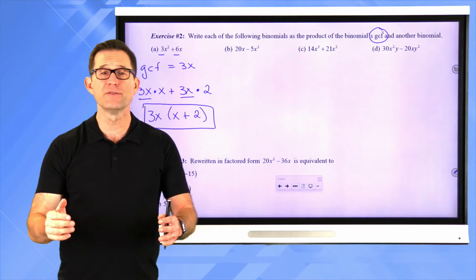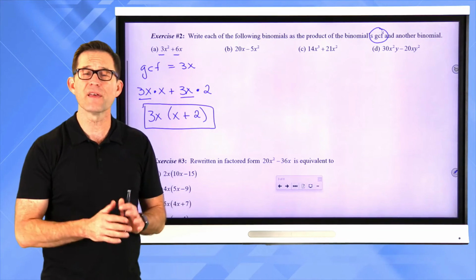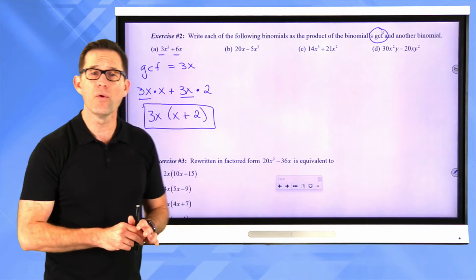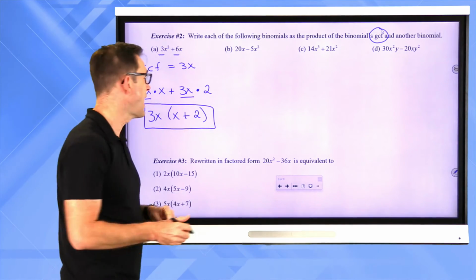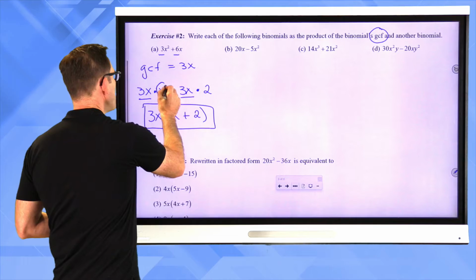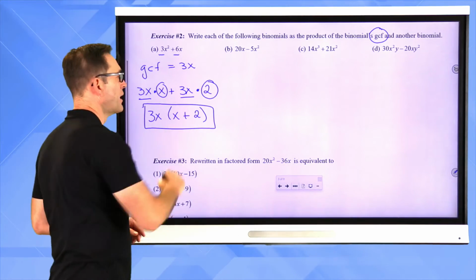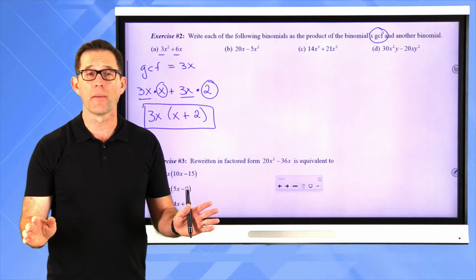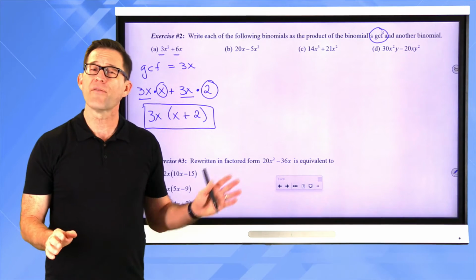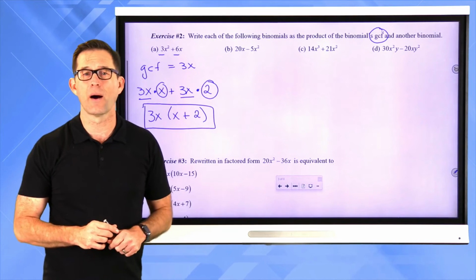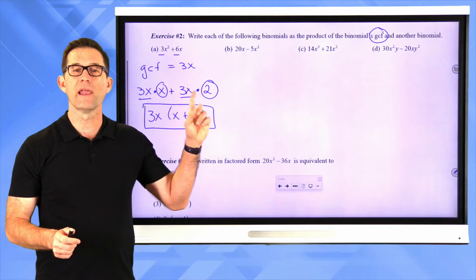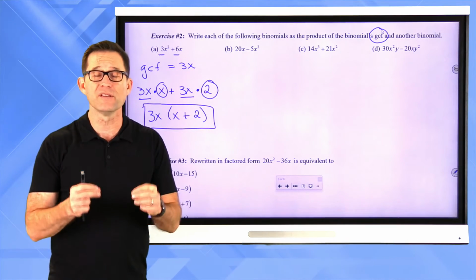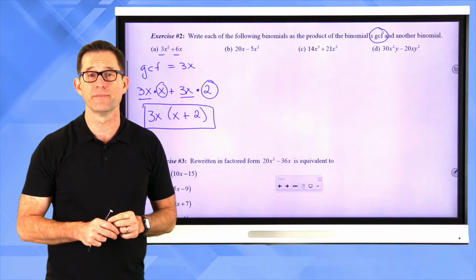All right, I'm literally just identifying the biggest thing that I can have. And by the way, I know that 3x is the biggest thing I can have because when I look at the parts that aren't involved in the 3x, i.e. the x and the 2, they don't share any common factors, right? If I've not gotten the greatest common factor out, then what's left behind will continue to have common factors to it.